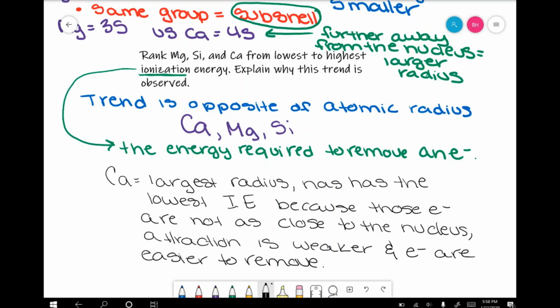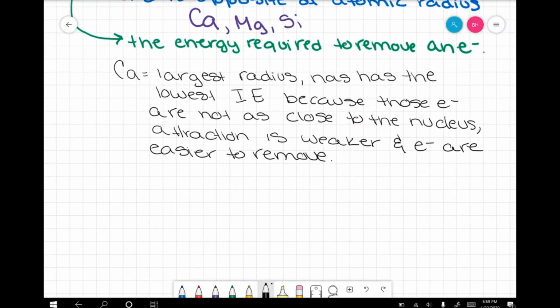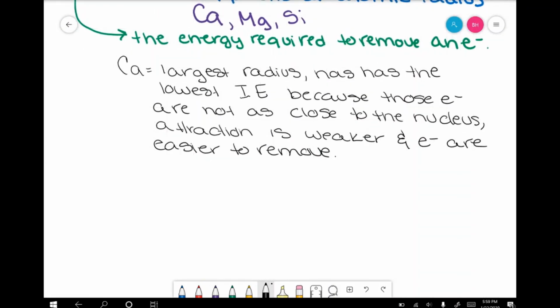We can also do the exact same thing, but the opposite, with silicon. So let's rationalize the one that has the largest ionization energy. Silicon has the smallest radius. And because it has the smallest radius, the electrons experience a stronger attraction to the nucleus.